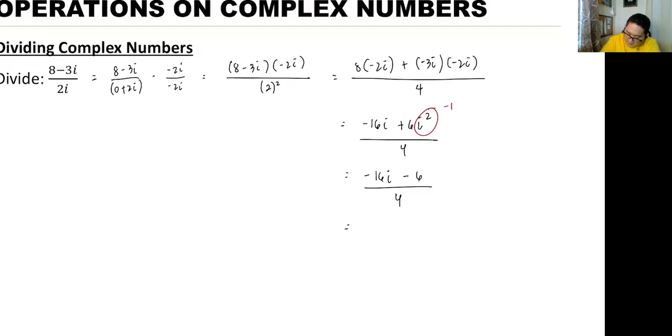So that is negative 16i over 4 minus 6 over 4, or negative 3 halves, ayusin ko na sa standard form, plus 16 over 4 is ilan? 4, no? Exactly 4. So 4i minus, okay, sorry.